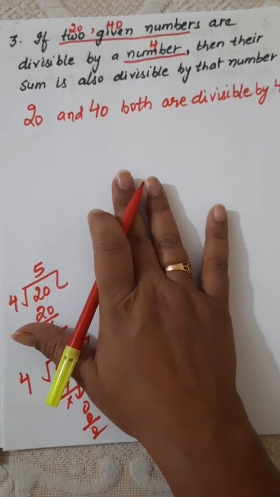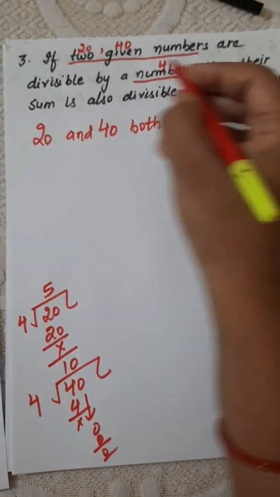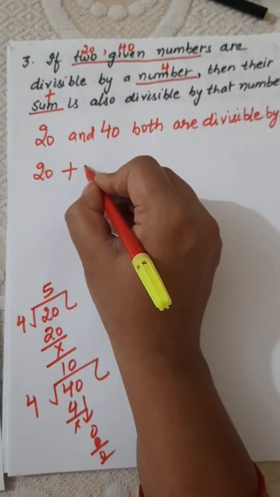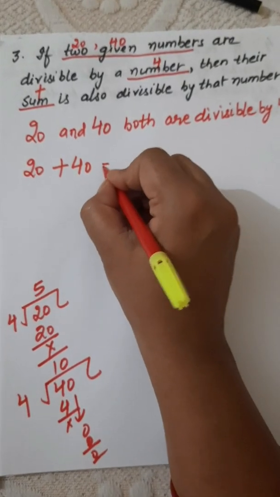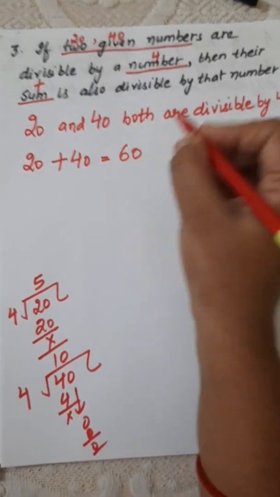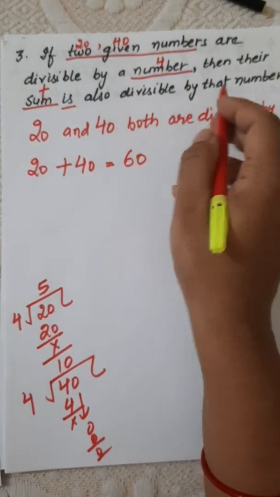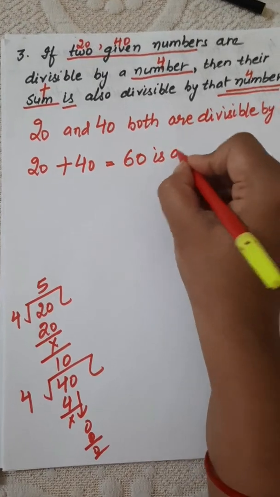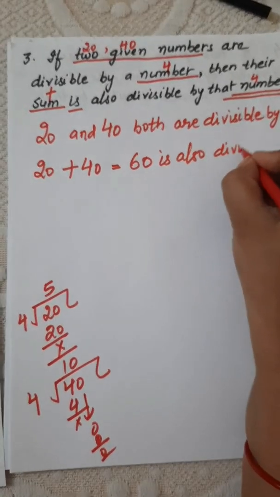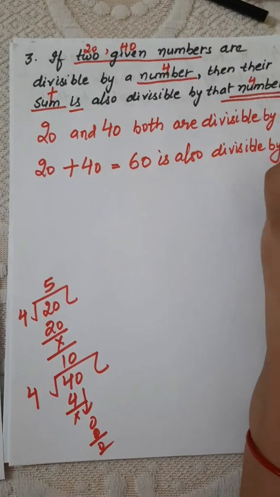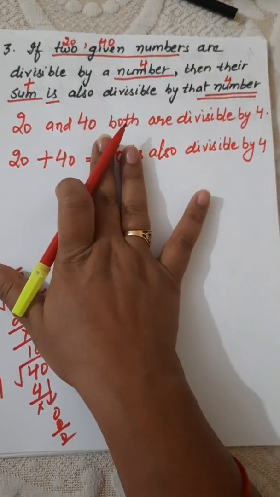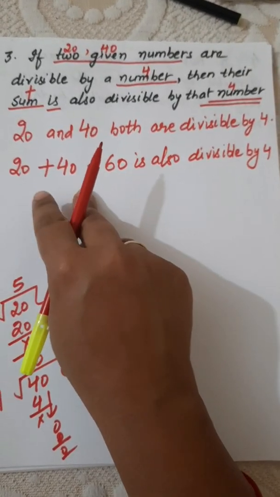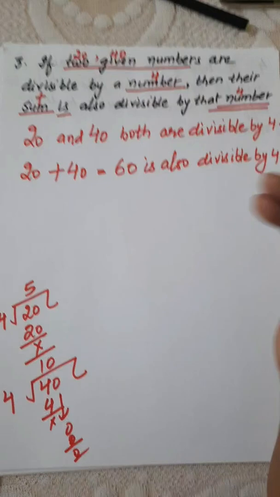If 20 and 40 both are divisible by 4, then their sum, 20 plus 40, which is equal to 60, is also divisible by that number. That number is 4, so 60 is also divisible by 4. If 20 and 40 both are divisible by 4, then 20 plus 40, the sum of both the numbers, that is 60, is also divisible by 4.